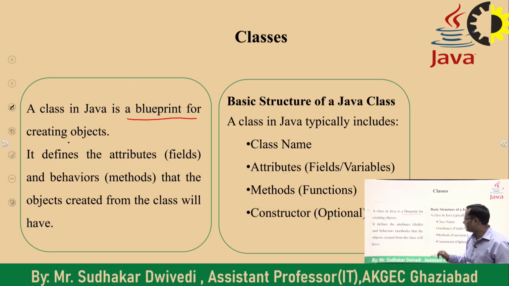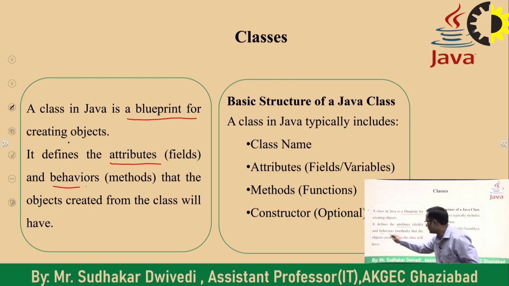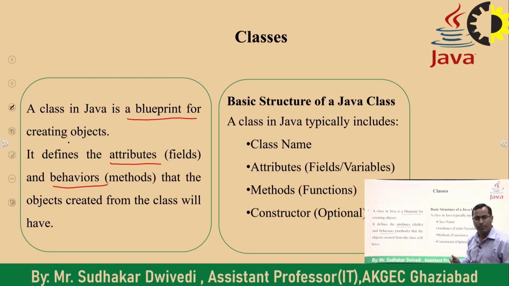In a class, we define two things: attributes, and methods or behaviors. Attributes mean fields, that is data, and behaviors mean methods that are used to process the data. So a class has the attributes and behaviors that the objects created from the class will have.